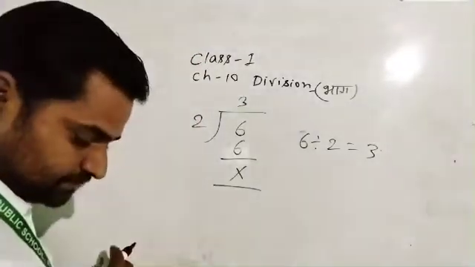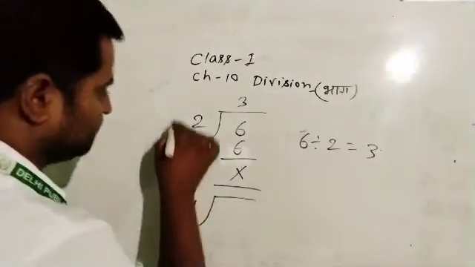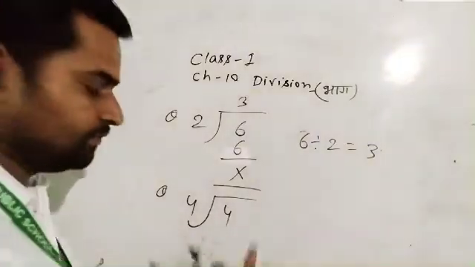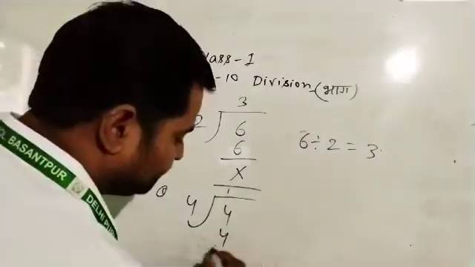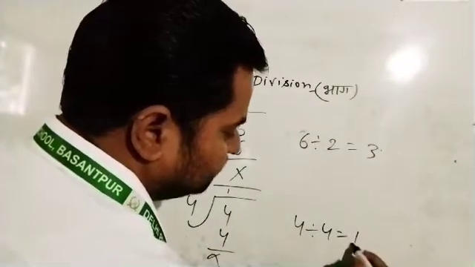And another example, 4 divided by 4. Students, 4 ones are 4. 1 time, you write 1. 4 divided by 4 is equal to 1.